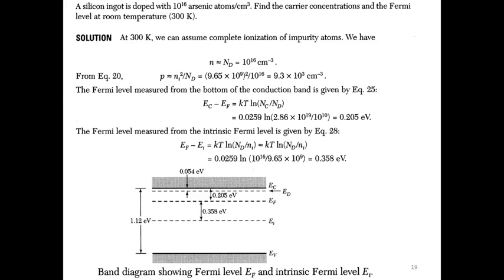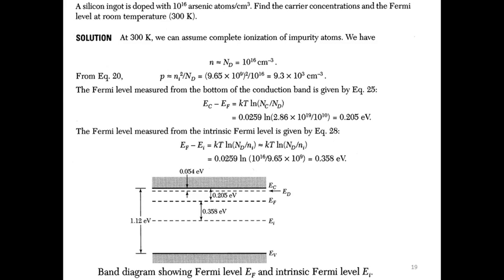Under the complete ionization condition of impurity atoms, n becomes Nd, and the Nd value is given in our numerical, 10 raised to 16 per centimeter cube. From that we can easily calculate the carrier concentration of holes, because in an n-type semiconductor the majority charge carriers are the electrons and the minority charge carriers are the holes.